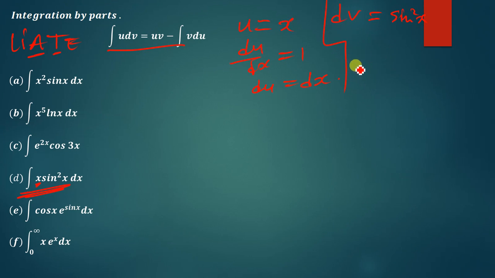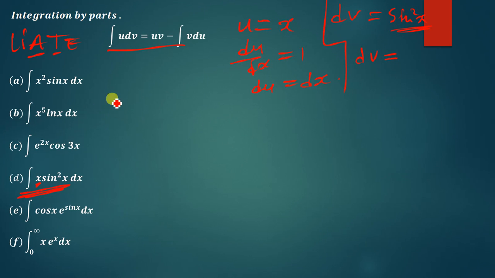To find my v, I have to integrate both sides. But when I want to integrate this part, I have to use some trigonometric identities. Before I integrate, let me use the trigonometric identity for sine squared x.